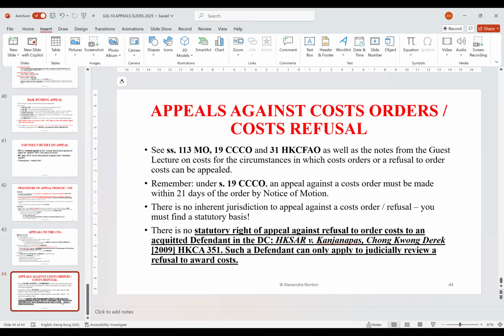But if he's acquitted and he's refused his costs, so the district court judge refuses to order the prosecution to pay his costs, he has to bear his own costs, he cannot appeal that refusal because there's no statutory basis. He has to apply to judicially review that decision, that refusal. And there's a high threshold, okay? So just remember that for an acquitted defendant who is refused costs, okay? But he can appeal a costs order, all right?